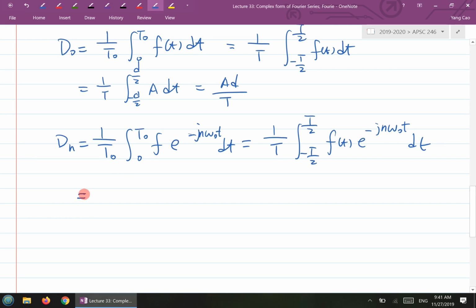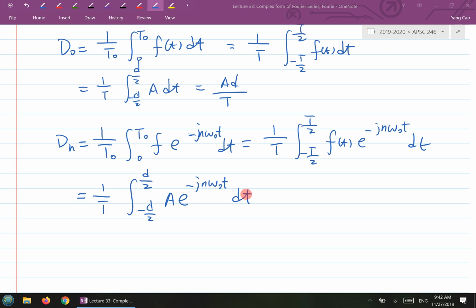Okay, so what do we need to integrate? We only need to integrate from negative d over 2 to positive d over 2. Within that interval, the value of the function is a. So this is not a very difficult integral, it's actually a simple one, but you don't have to be confused.